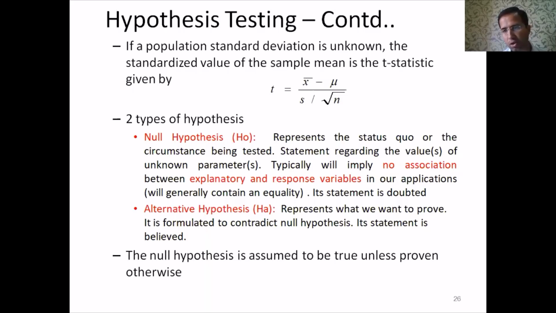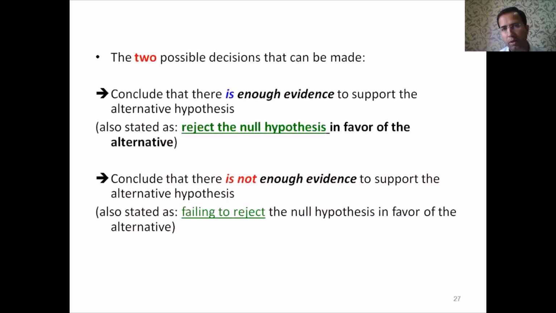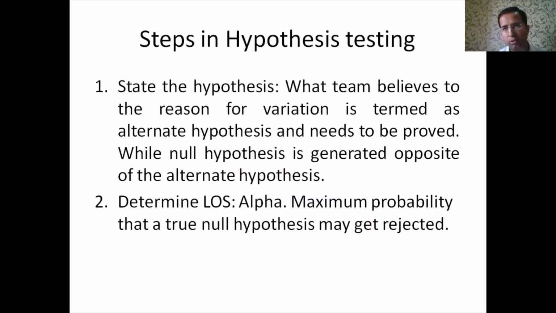Let's say I can say it's not equal to 5, it's greater than 5, or it's lesser than 5. And the opposite of that is generally the null hypothesis. So a hypothesis has to be created in a pair, alternate hypothesis and null hypothesis. Most of the times, the null hypothesis represents that there is no association. I'll come to the association later anyway, but right now we can simply put it through.